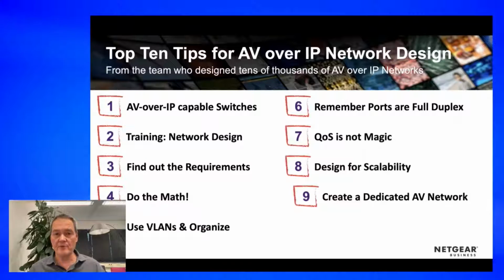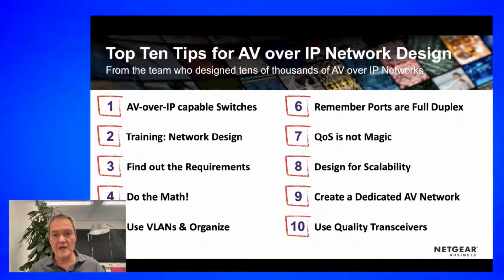AV over IP capable switches that are able to do multicast, that are able to do the things you want from an AV over IP network, which means you separate audio, video, control, and data, which means a managed switch, also one that is capable of handling the specific needs of NDI, if you do this in multicast, for example, and also the speed it needs to have in terms of compute, as well as the connection speed with other switches.